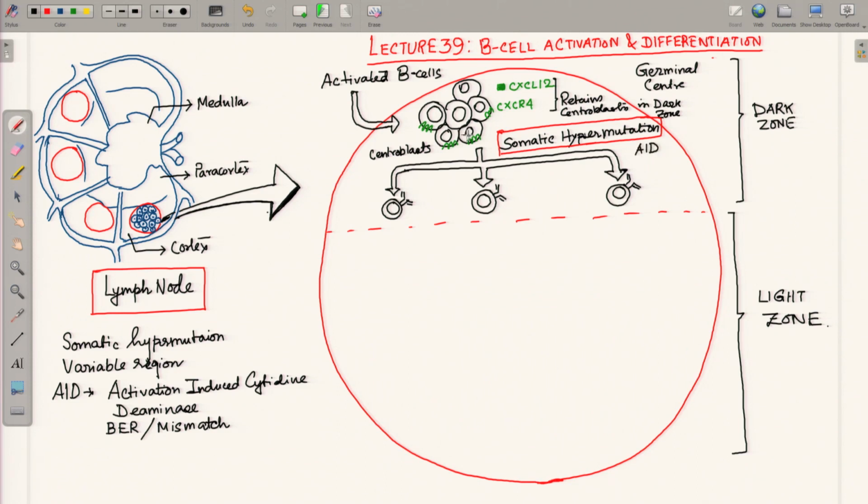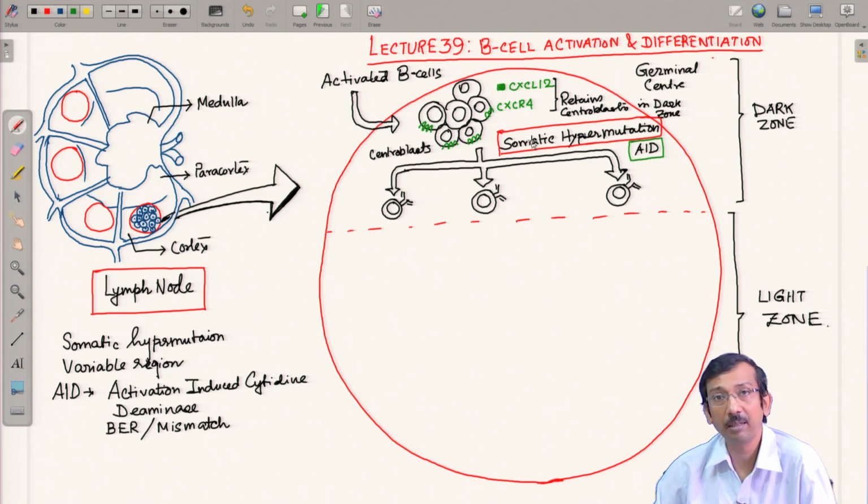Now, these centroblasts will start expression of this AID enzyme. So, this activation induced cytidine deaminase is being expressed in the centroblasts, and they will acquire mutations in the variable region of the heavy and the light chains.